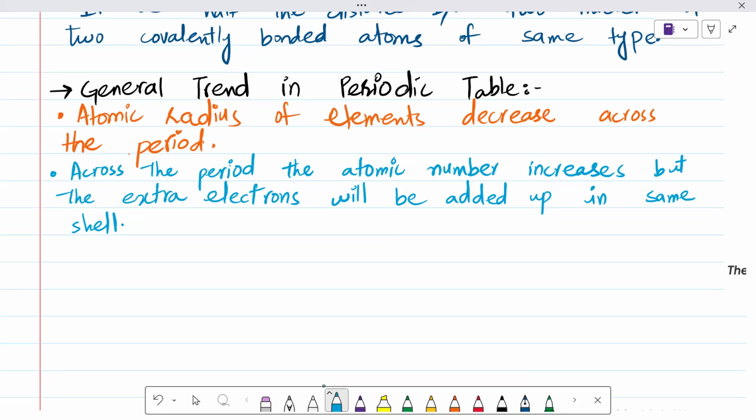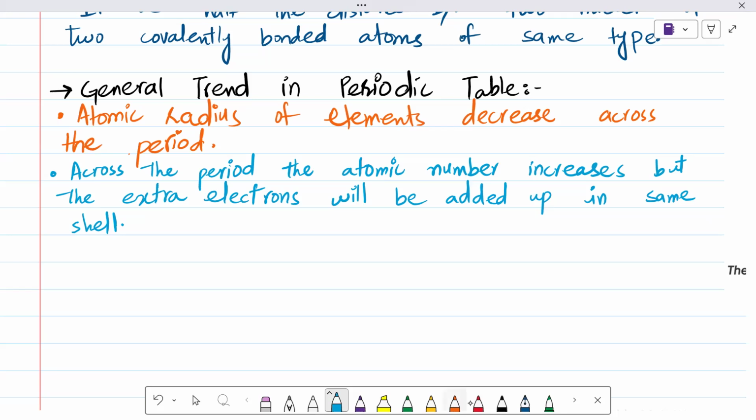Are you saying it's because the electron shells get closer? Electrons will be in those shells. Their size will only be reduced. The electrons will not go anywhere. They will be in their particular shell, the same principal quantum shell. They will not move anywhere, just the size will be reduced. There will be more attraction towards the nucleus.